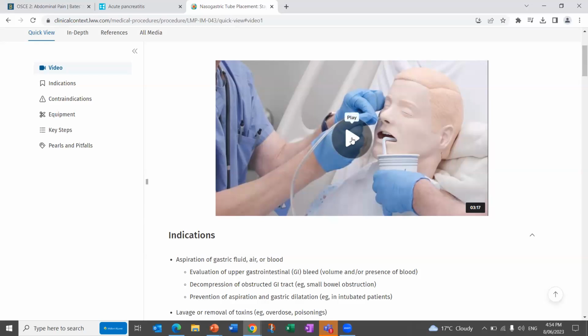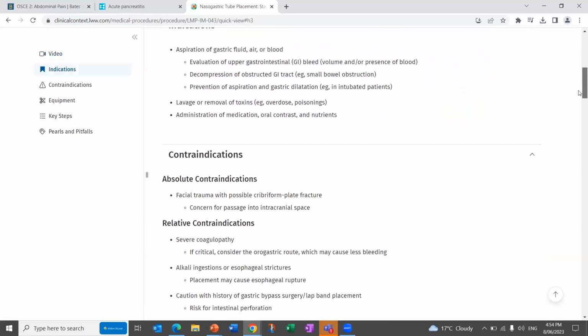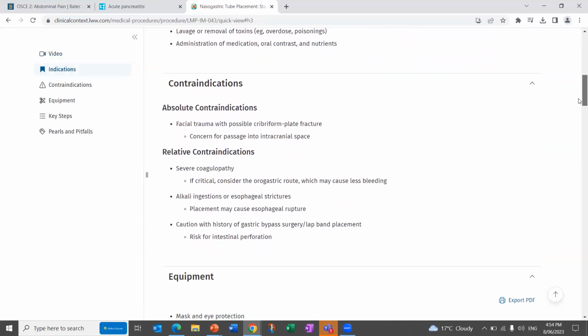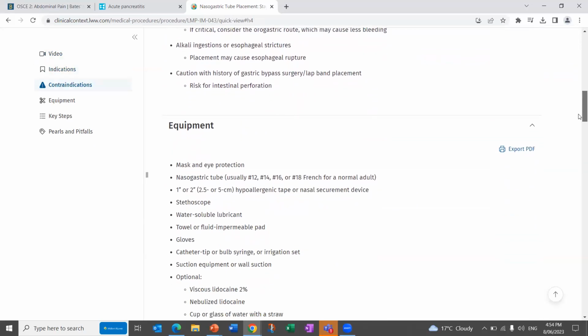And this takes us through the process of placing a nasogastric tube. And so as we scroll down through this page, we're able to see access into those videos and the reason why we may need to do this. We're able to see the equipment that's necessary. And we can take this out as a list.